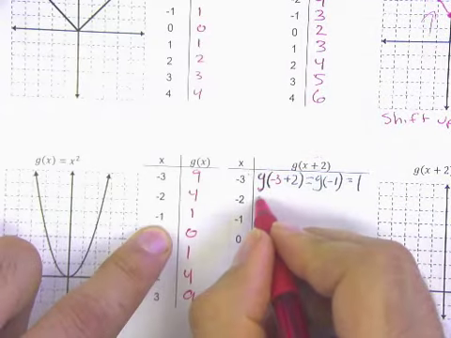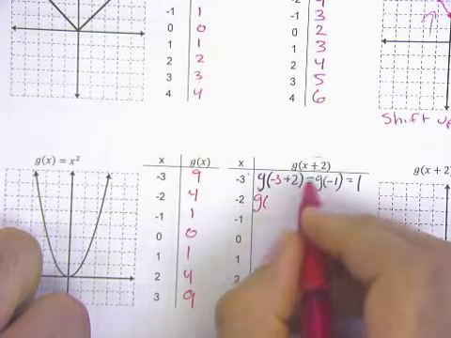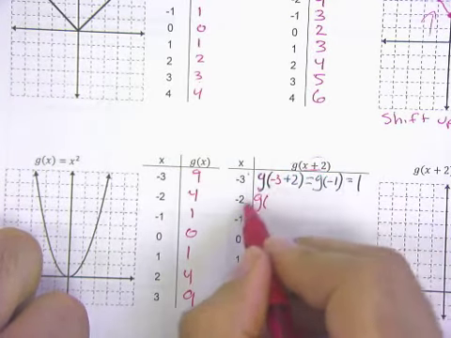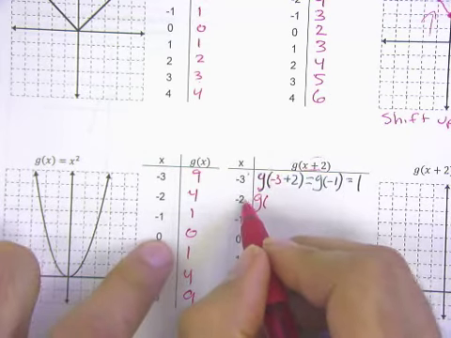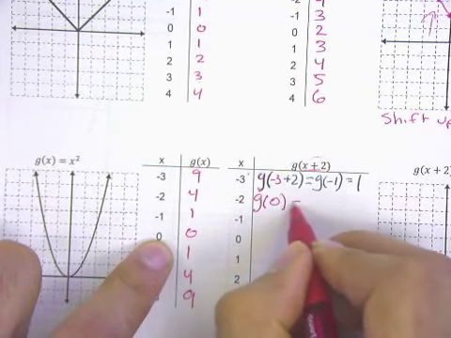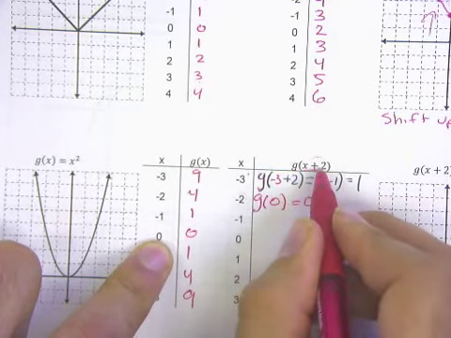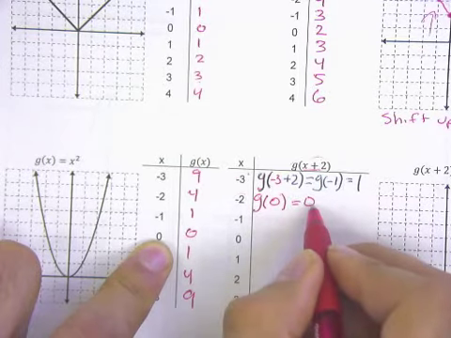Similarly, when our input is negative 2, before we evaluate that, we're going to add 2 to it. So when our input's negative 2, we get the normal output for negative 2 plus 2, which is 0. G of 0 is 0. So when we input negative 2 to this, we get 0.